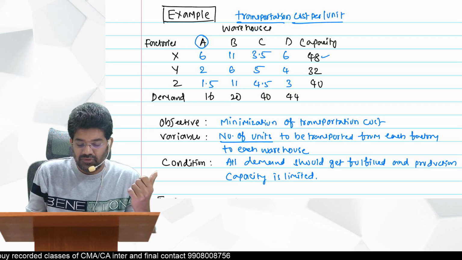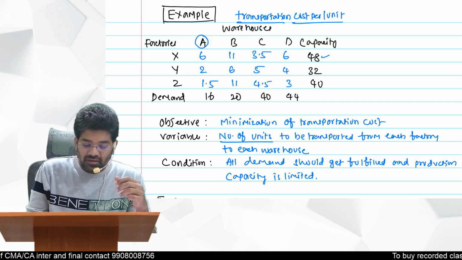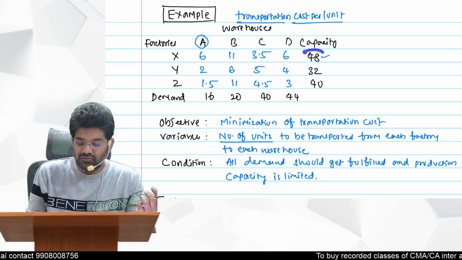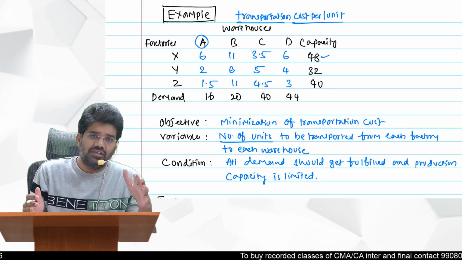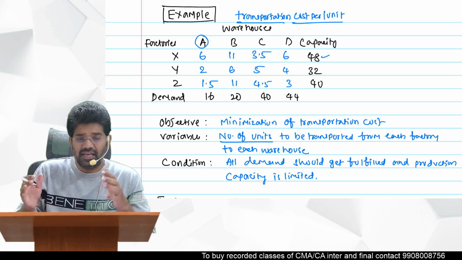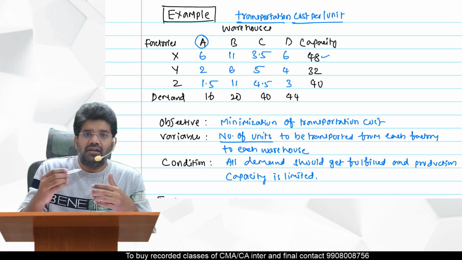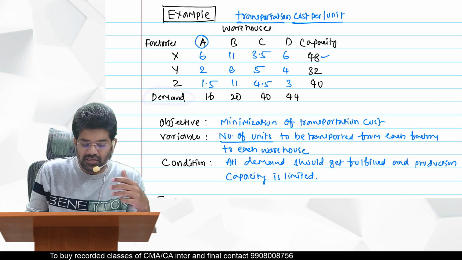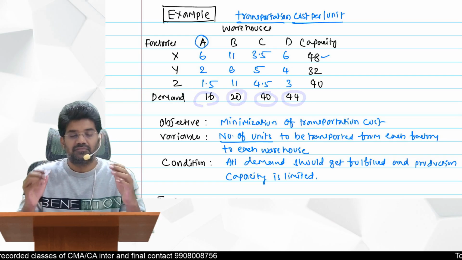Then for every factory, the production capacity is also given: 48, 32 and 40. This is the maximum each of these factories can produce. At the same time, the demand from the warehouses is also given here: 16, 20, 40, 44.